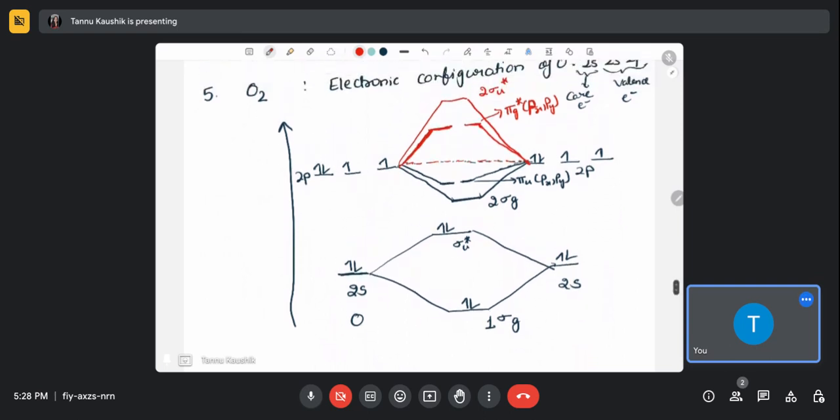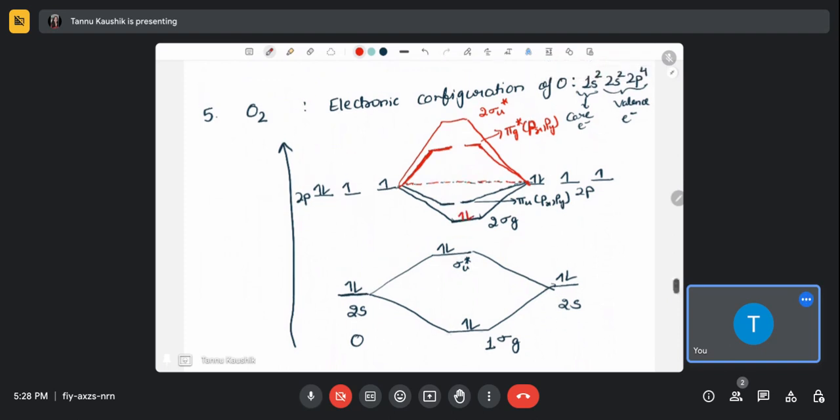Okay, so now if we fill the electrons for these, we have 6 electrons in the bonding molecular orbitals and 2 electrons in the pi g star anti-bonding molecular orbital.